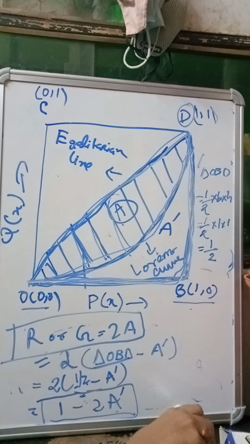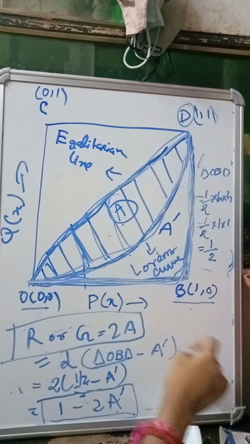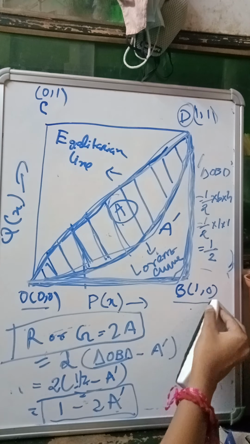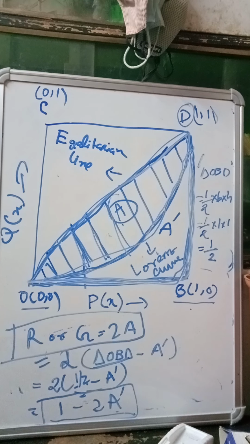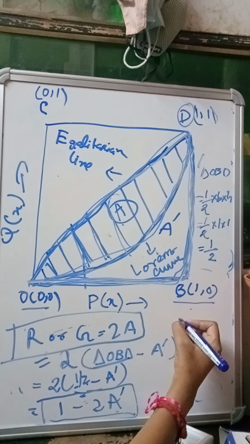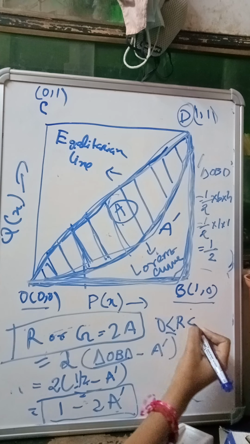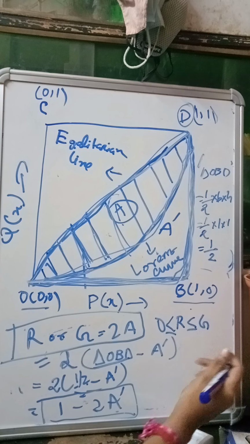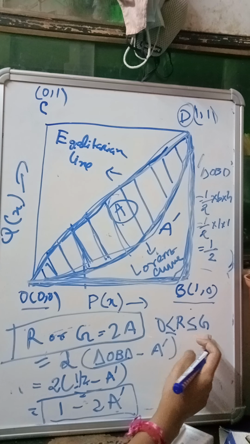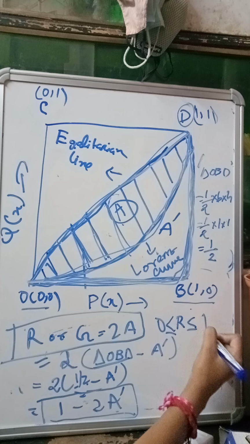Now one thing we have to keep in mind is that R or G always lies between 0 and 1. It will never exceed this range. So we can write 0 less than or equal to R less than or equal to 1.